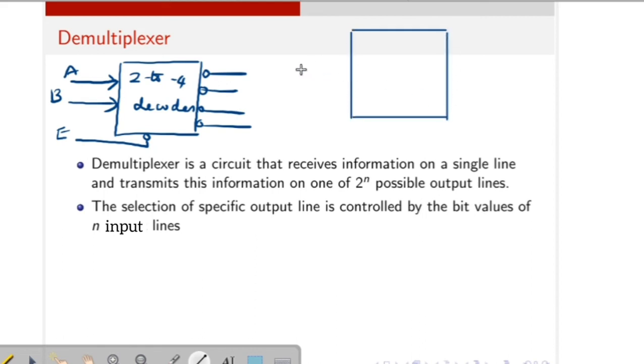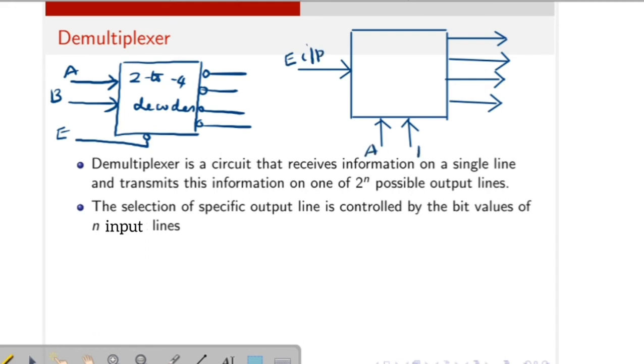So demultiplexer receives one input. Then there are two selection lines. Then based on the one input, it generates 4 outputs. Okay. So here this is the E input.